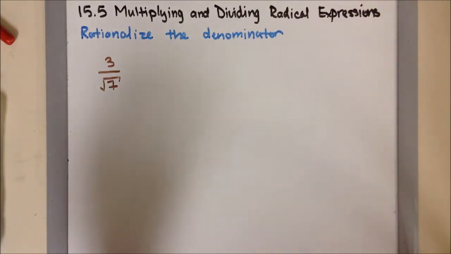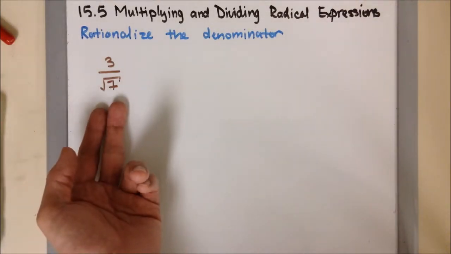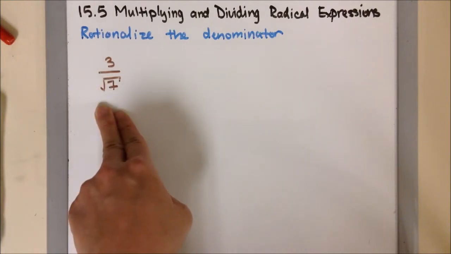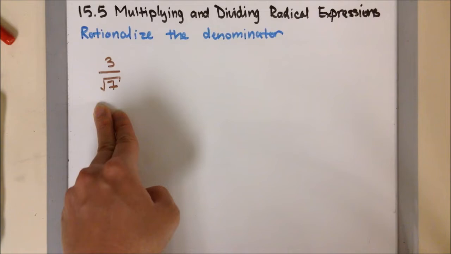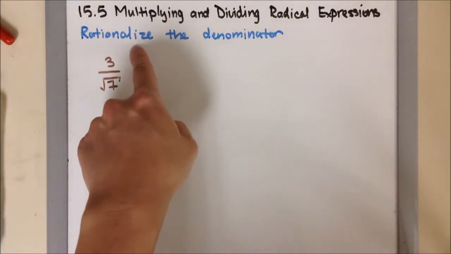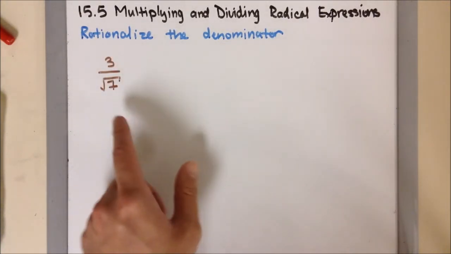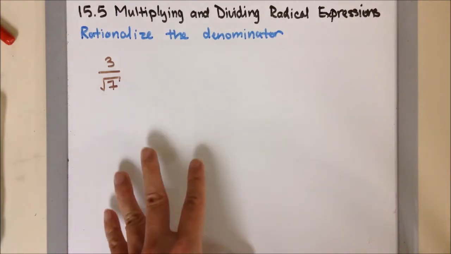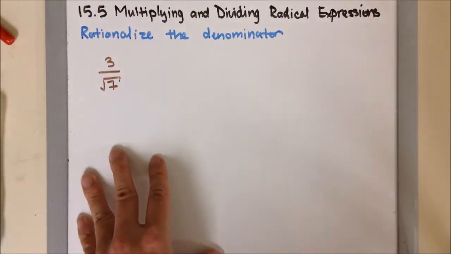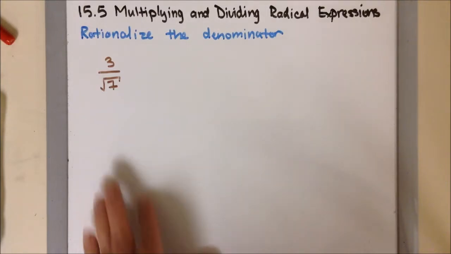I repeat, when it's given in a fraction, the denominator cannot have a radical in its final answer. So I'm going to show you the work on how to rationalize the denominator into a form where there are no radicals within the denominator.